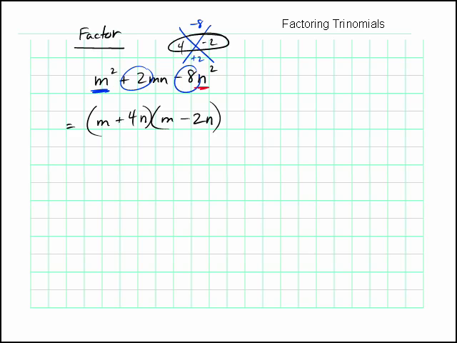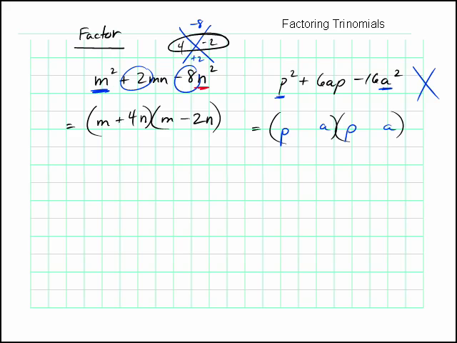Here's another one of those. p squared plus 6ap minus 16a squared. So since I do have a p squared in the front, I'm going to make that p times p. And since I have an a squared in the back, that's a times a back here.